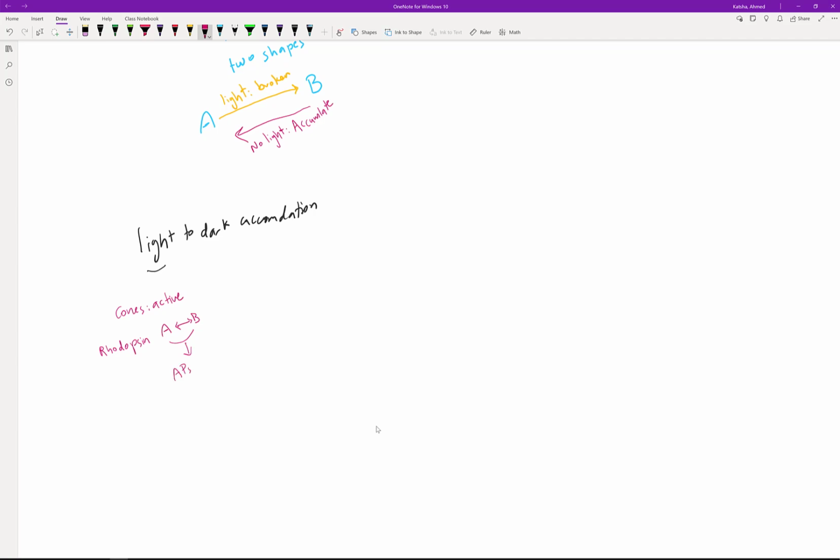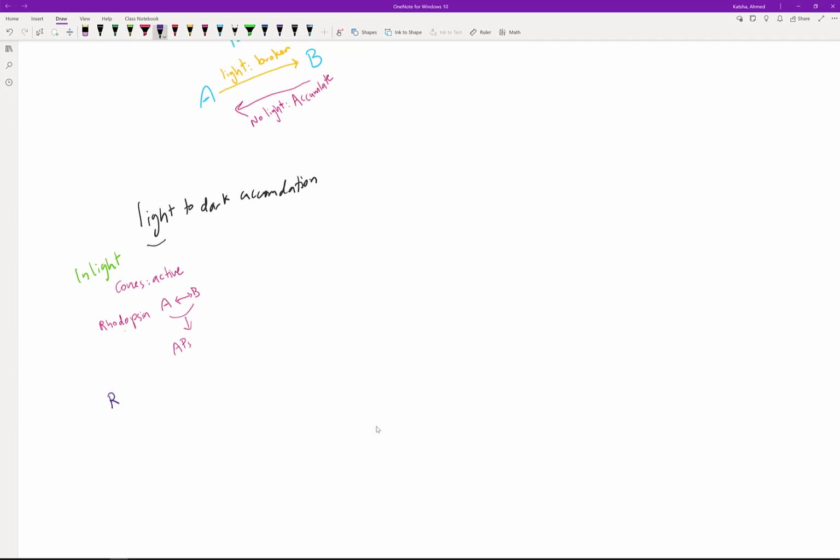So in light, the cones are active, which means rhodopsin is moving between A to B, and that means that we have action potential.